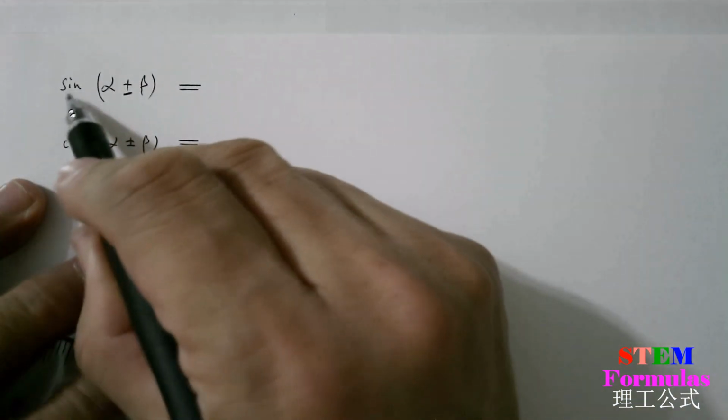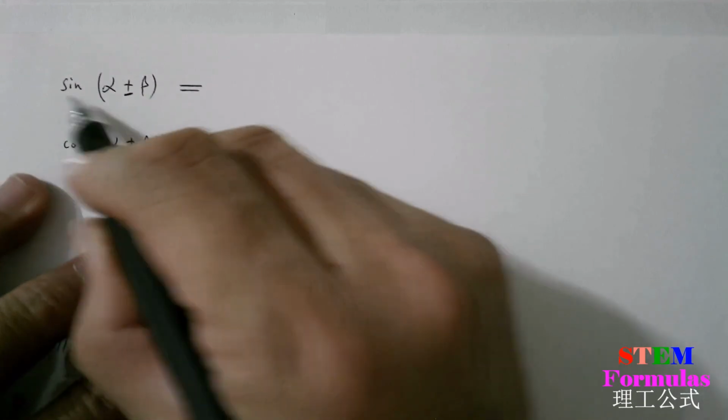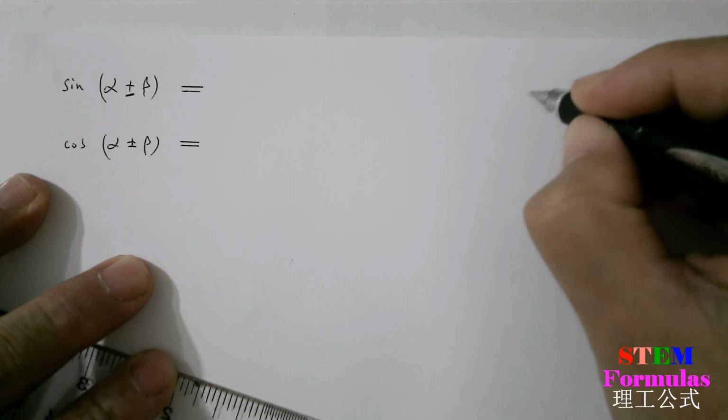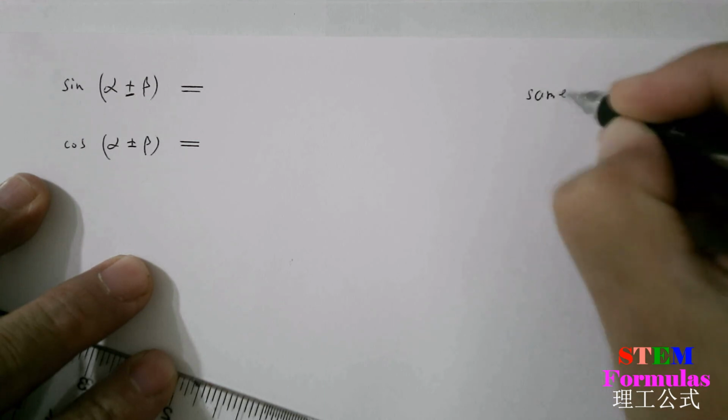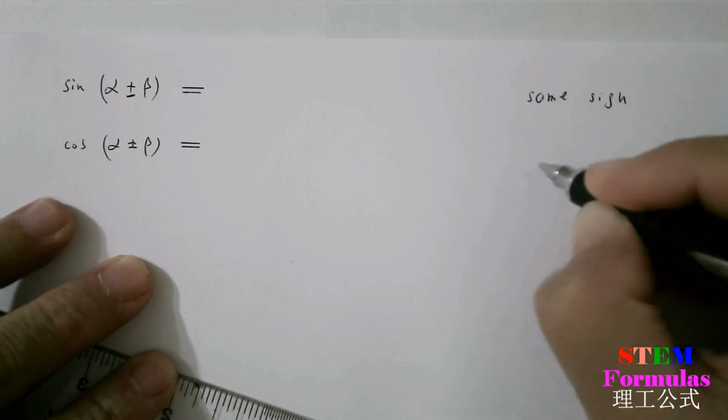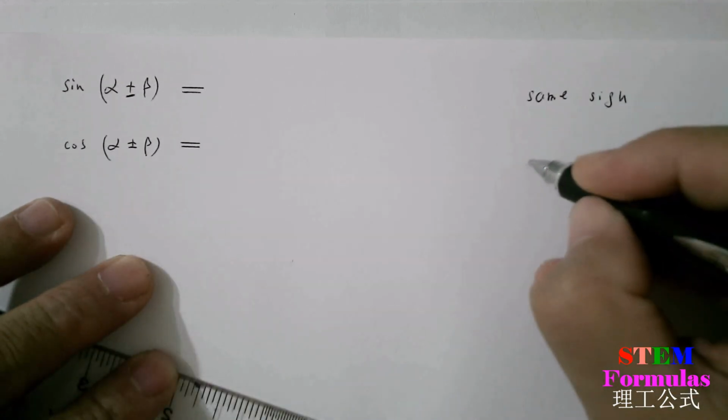So sine and cosine: sine has the same sign, and cosine has a different sign.